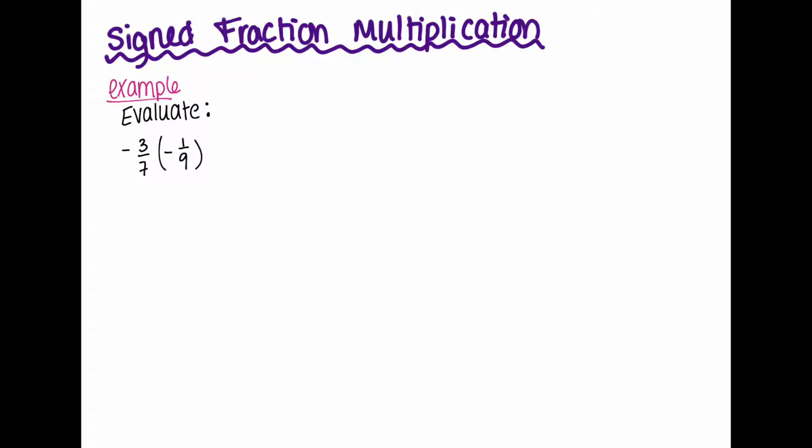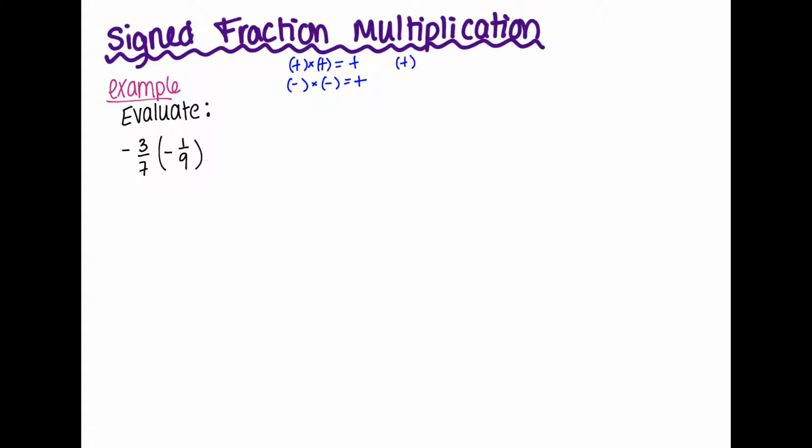There are two big ideas going on here. The first is if you're multiplying fractions, you multiply straight across. You multiply the numerators together and put that over the denominators multiplied together. The other idea is what happens when we multiply signed numbers. Two positives give a positive. Two negatives give a positive.